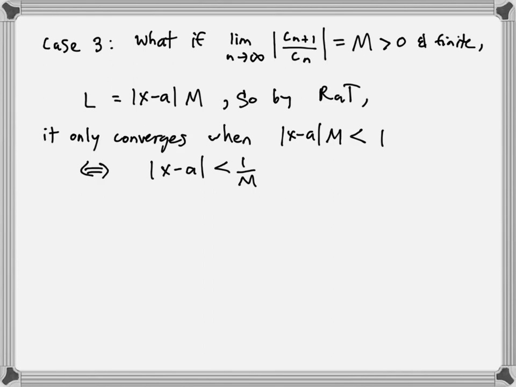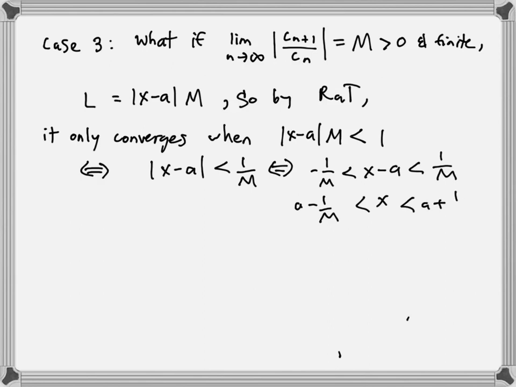Okay, because what this actually means, what this guy means right here, is that negative 1 over m is less than x minus a, which is less than 1 over m, or x is between a minus 1 over m and a plus 1 over m.